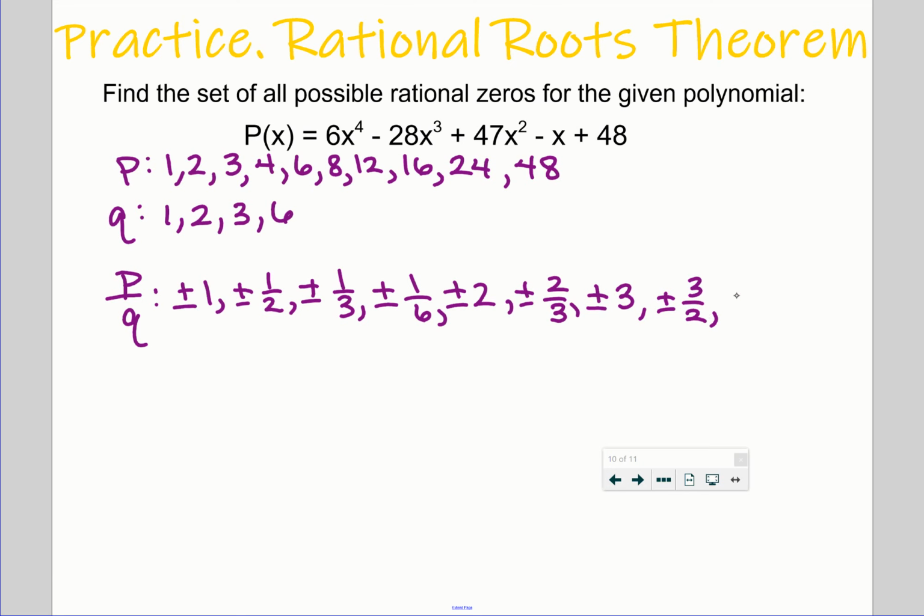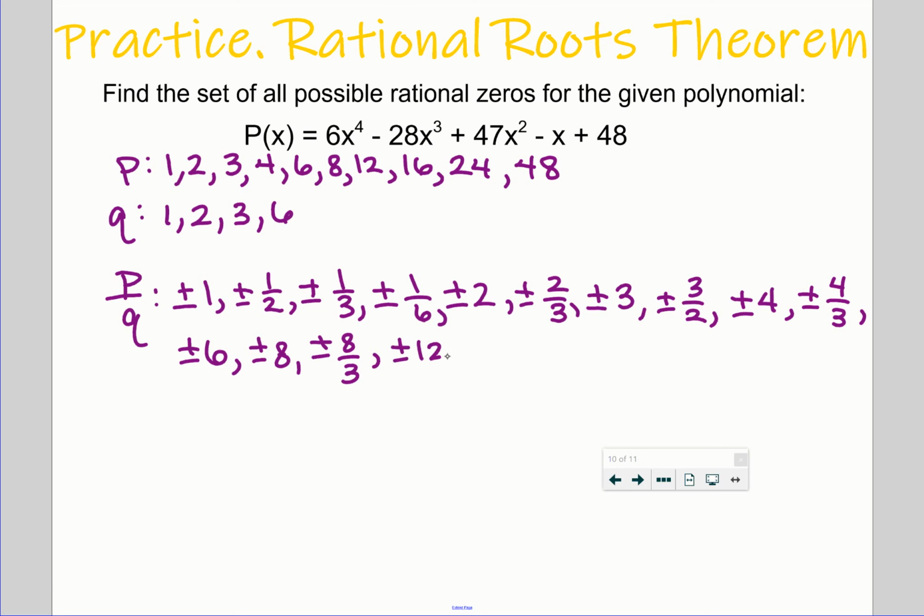They're already there. 4, 4/2 is 2, already there. 4/3, 4/6 is 2/3. It's already on there. Then 6, 6 divided by 1. 6 divided by 2 is 3. It's already there. 6 divided by 3 is 2. It's already there. 6 divided by 6 is 1. It's already there. 8, 8/2 is 4. We've got it. 8/3 we don't have yet. 8/6 is 4/3. We've got it.